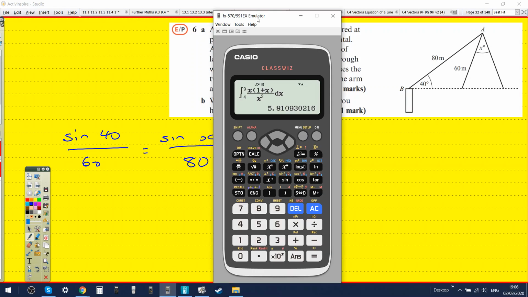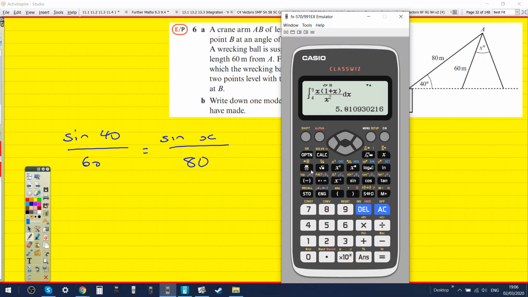And then just find out what x is from there. Wait, so I can actually put that equation into my calculator and it'll give me the answer. Yeah.